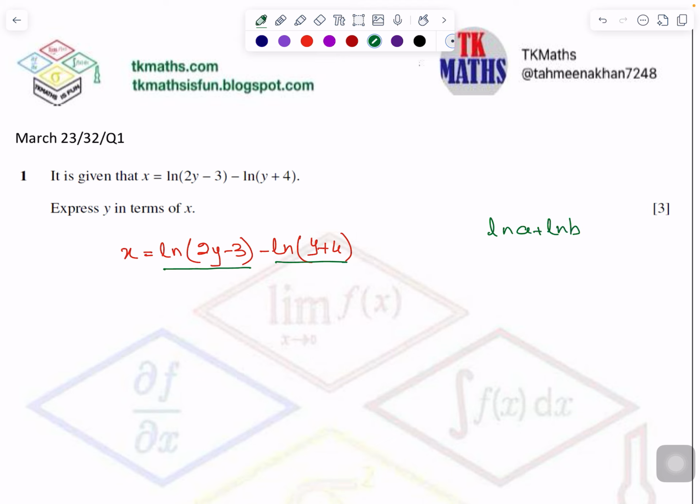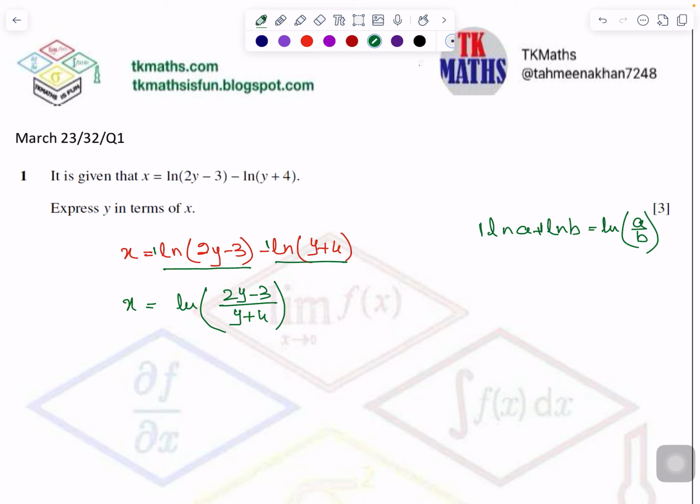I'm writing it here to help you recall: ln a − ln b = ln(a/b). But the condition is the coefficient should be 1, which is right, because the coefficient here is 1. Nothing is written, it means the coefficient is 1. So x = ln((2y − 3)/(y + 4)).